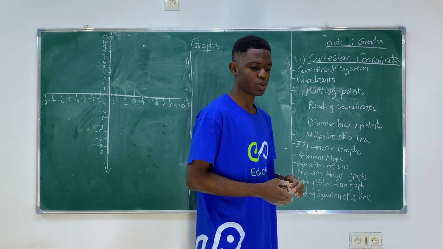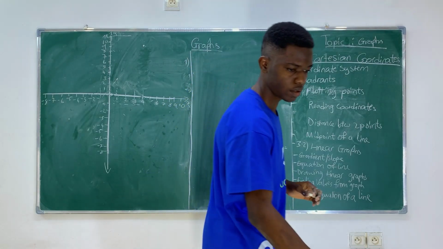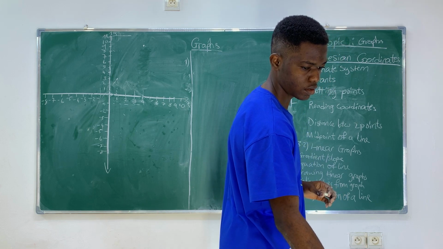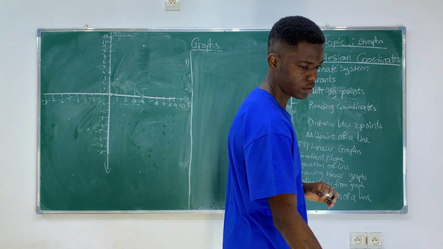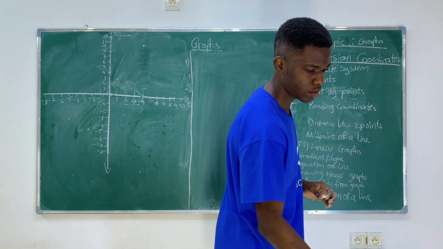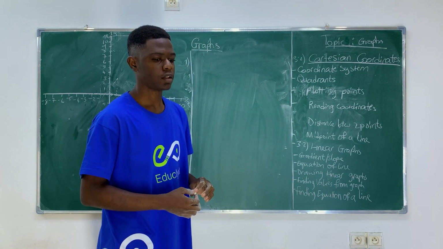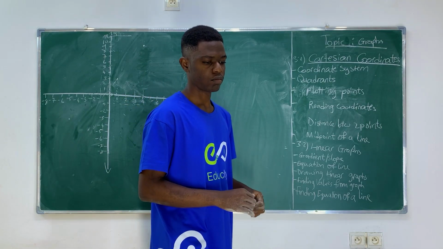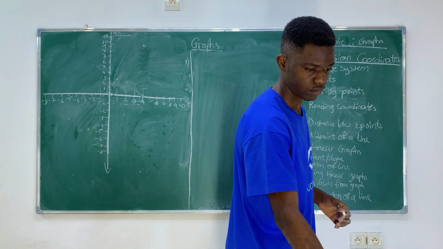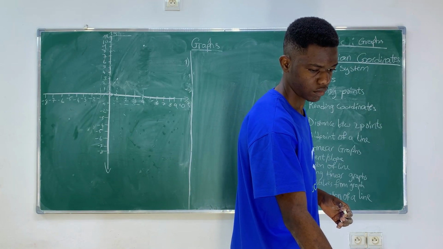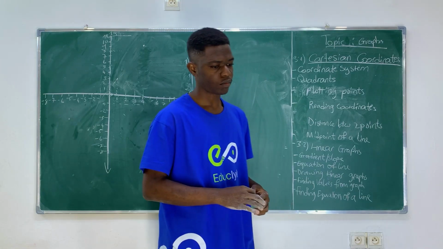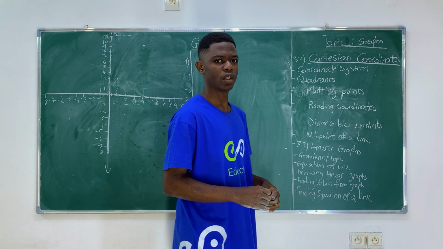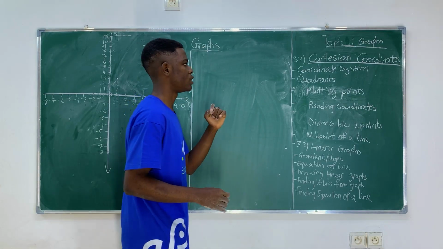Okay, so example 2 says find the equation of a line with points 1, 3, 4, 9. Okay, we have done that already. That's what we just did.